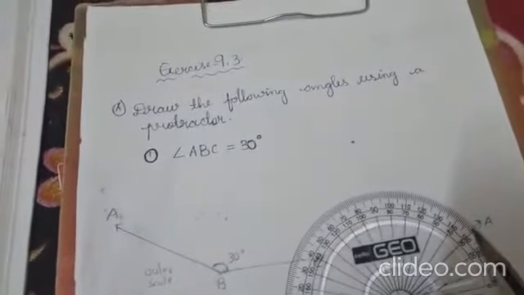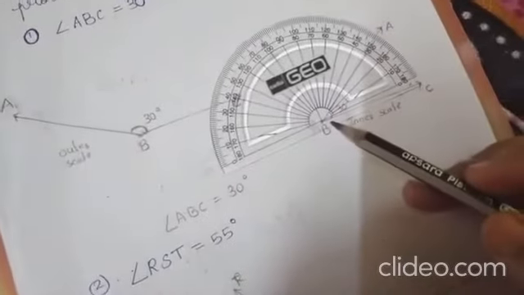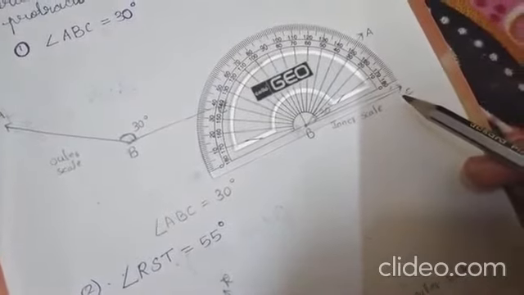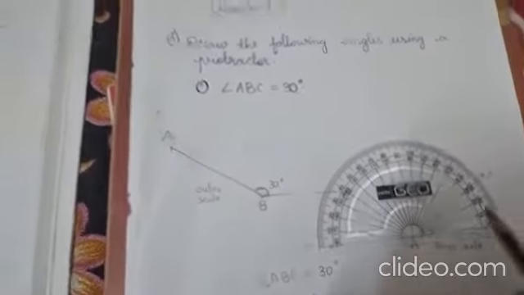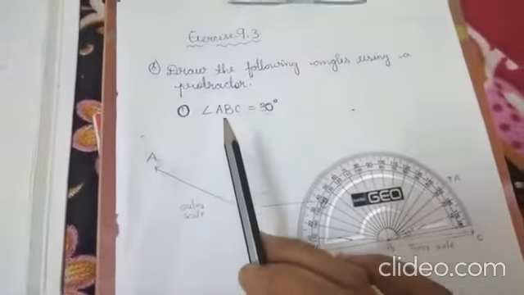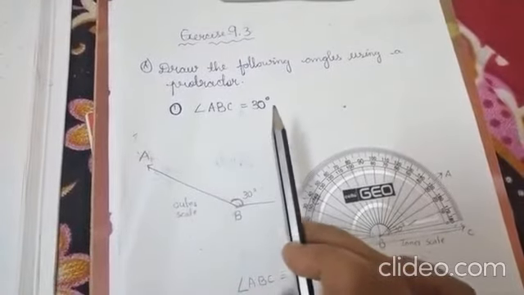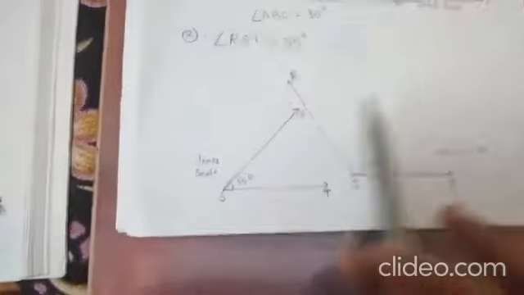See here, 30, A, and then B in the middle and then C, right? Using the inner scale. Okay, fine. So we will read it as angle ABC equals 30 degree. You got it? That is how to measure. Now next one.